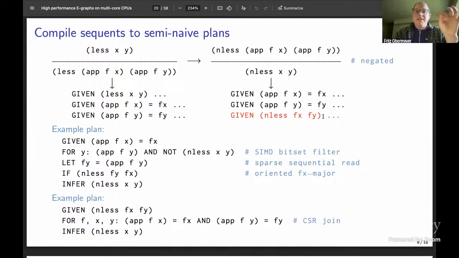Let's look at one other plan from this example. This one's kind of interesting. This is given FX and FY. There's this join here. This is a CSR, compressed sparse row join, like a merge join. So it has 2 cursors, each walking in one CSR table, and they walk in tandem.